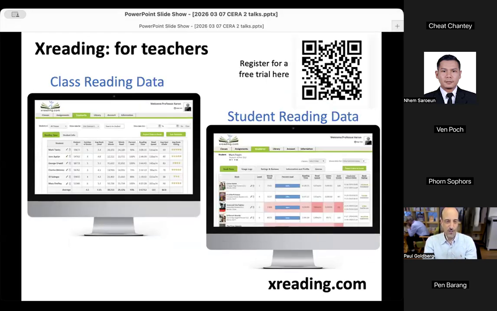This now shows the teacher side. On the left is a class report where you can see all of the students and a summary of how much they've read, how many words, how many minutes. On the right side is an individual student's reading records, where you can see exactly which books the student read, how much they read, and when they read.